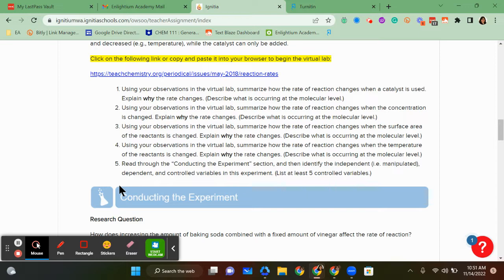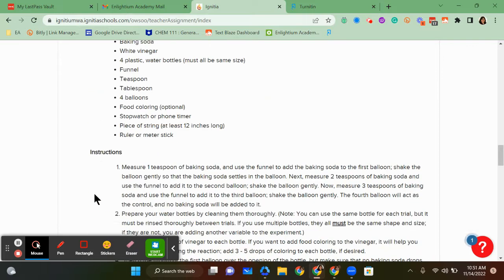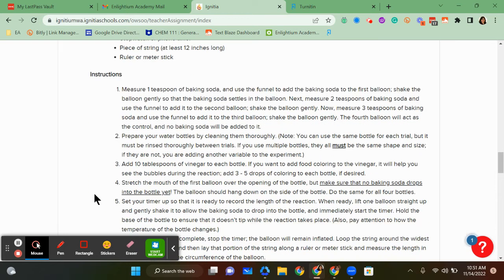Question number 5, they're asking you to identify the independent, dependent, and the control variables. Now, remember that your independent variable is the one that you are manipulating. And if you take a look at the procedure, it is telling you what you're manipulating.